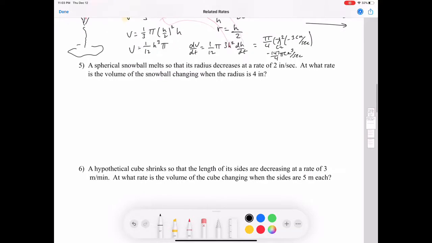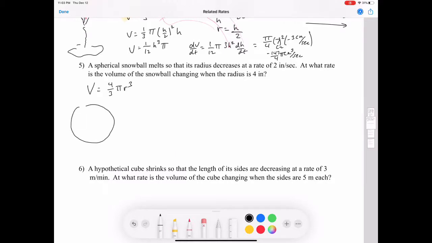Okay, a spherical snowball melts so that its radius decreases at a rate of 2 inches per second. At what rate is the volume of the snowball changing when the radius is 4 inches? All right, the same idea. The volume of a sphere is equal to 4 over 3 pi r cubed.